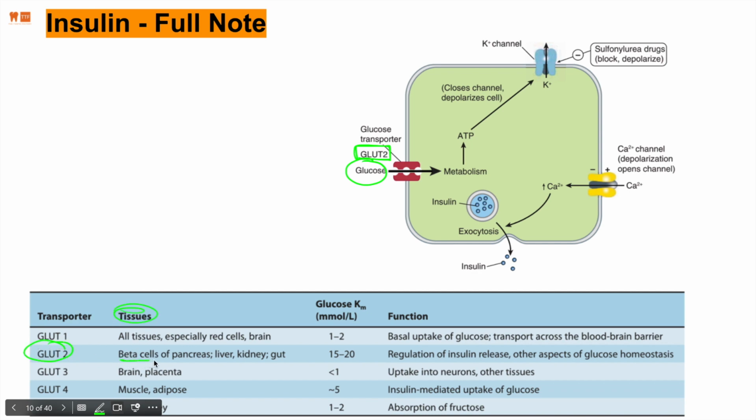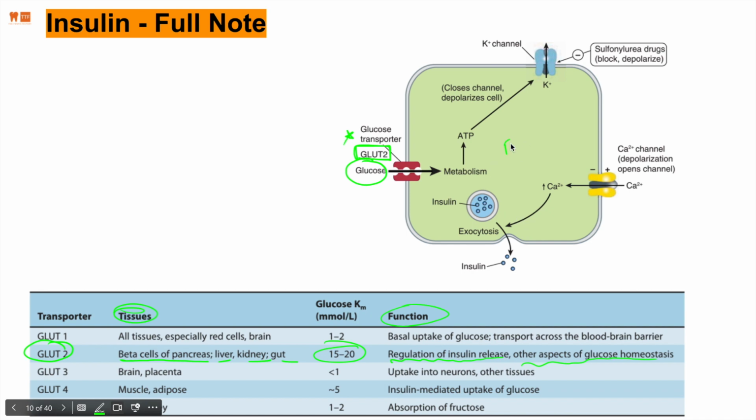It exists on beta cells of the pancreas, liver, kidney, and gut. Glucose volume of 15 to 20 millimoles per liter is transported. And what does it really do? It regulates insulin release and other aspects of glucose homeostasis. So GLUT2 all of a sudden is a very important glucose transporter.